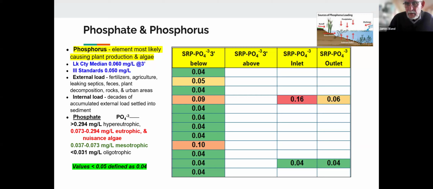So it is perfectly acceptable in terms of most of the monitoring we do. So it gets down to that low value. And grading it with phosphorus as opposed to phosphate is just.